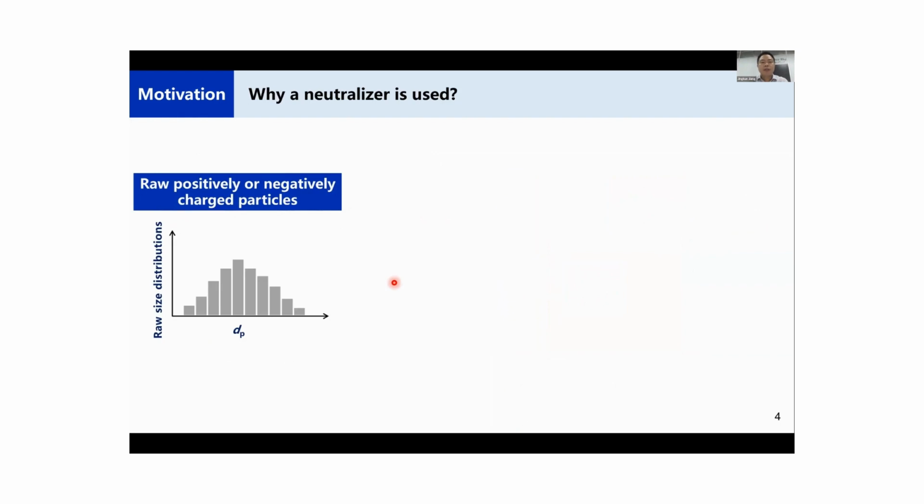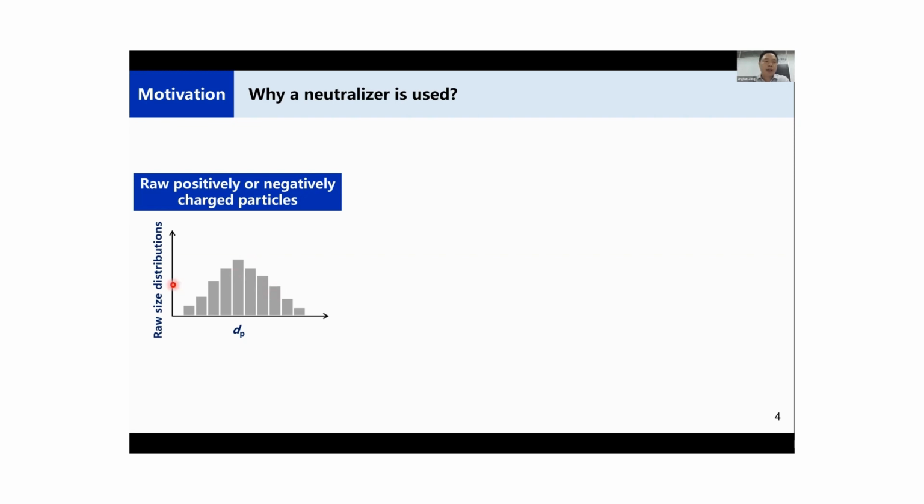So the motivation is, if we zoom in to look at the neutralizer, why is a neutralizer actually needed? For the mobility classifier, we sometimes also refer to it as a differential mobility analyzer. Only charged particles are selected and counted downstream.